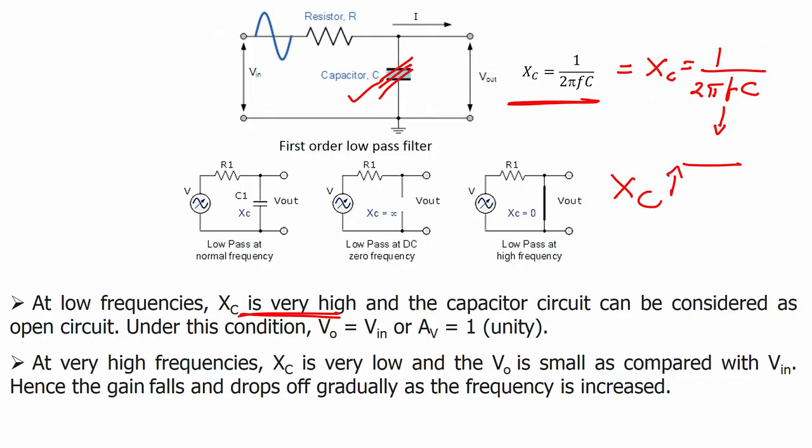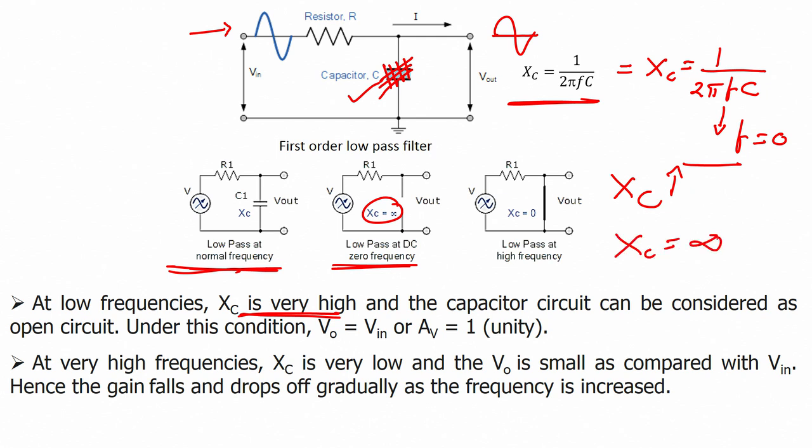You have to see on the screen, when the capacitor is not conducting, that means it is an open circuit. So, whatever signal is there at the input with a lower frequency, you will see at the output. So, for a low pass filter at DC, the frequency is 0, so Xc would be infinite. Under this condition VO equals V in, or AV equals unity.